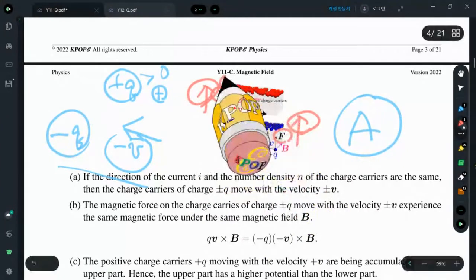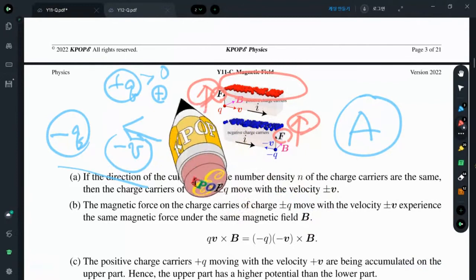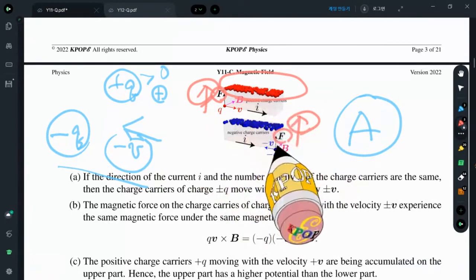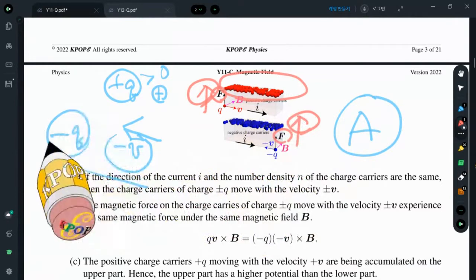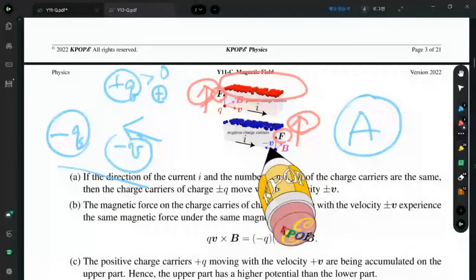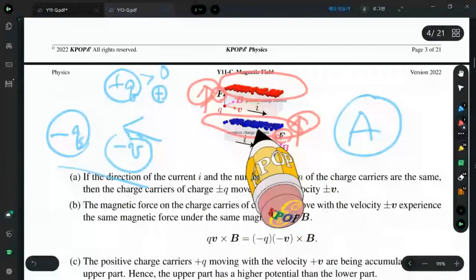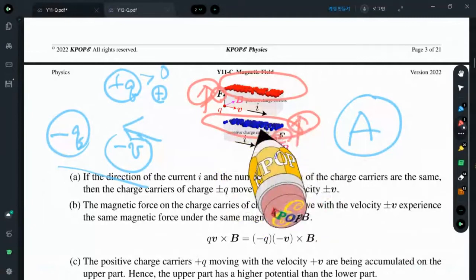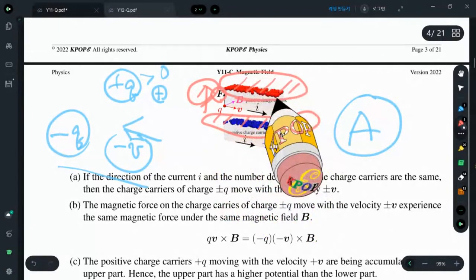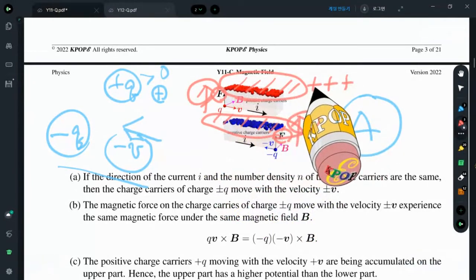Positively charged particles will be accumulated on the upper side in the wire, and even in the case of a negatively charged particle moving along the opposite direction, this charged particle also moves forward in the same direction. As a result, plus charges will be accumulated on this side.